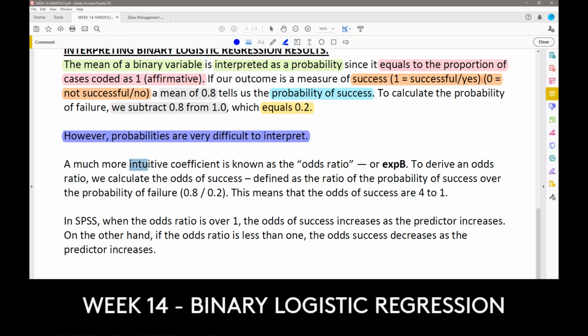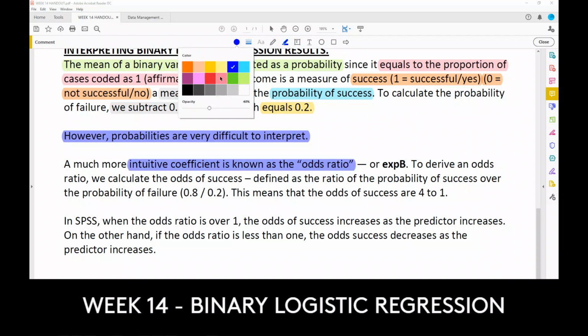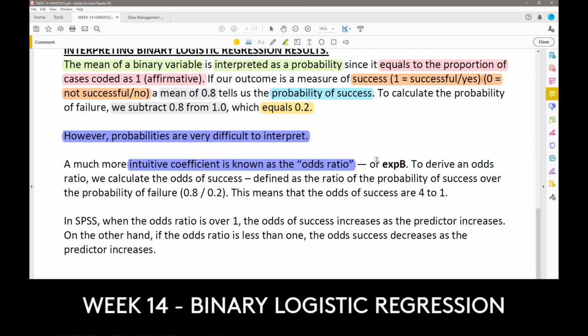The intuitive coefficient that we use is called an odds ratio. When you are using SPSS, that odds ratio is denoted as the exponentiated B, the B coefficient.